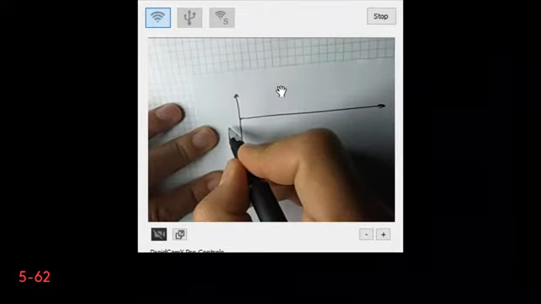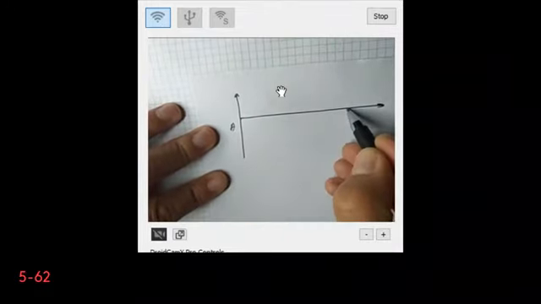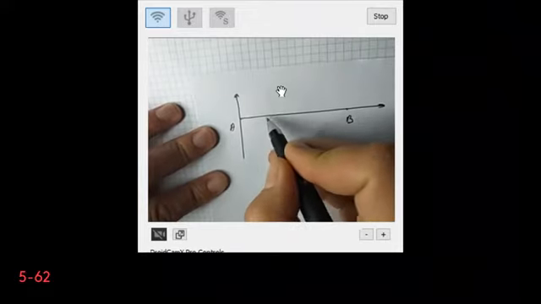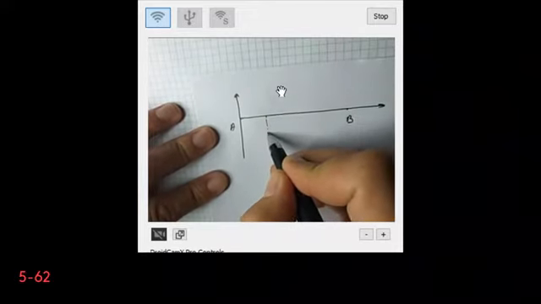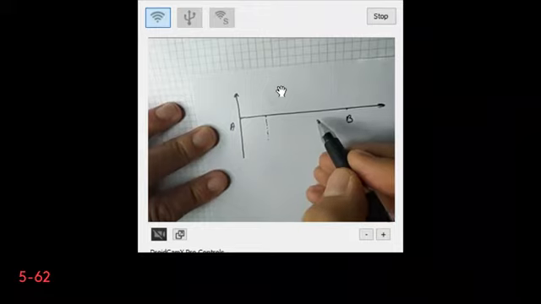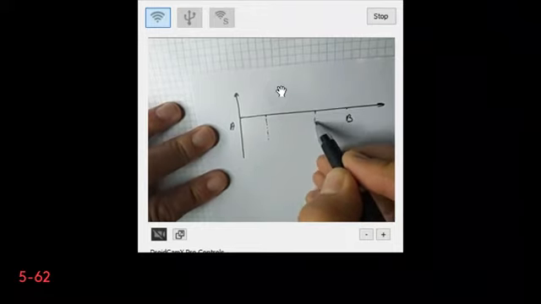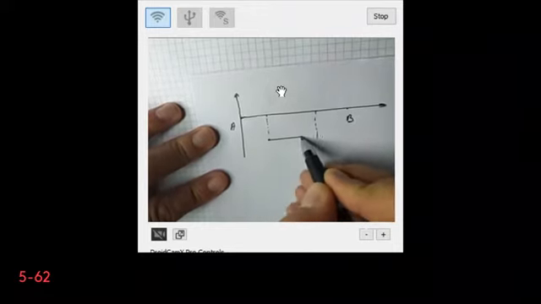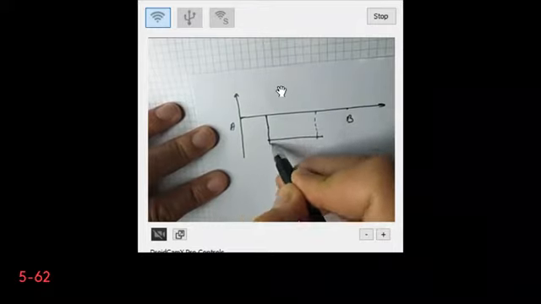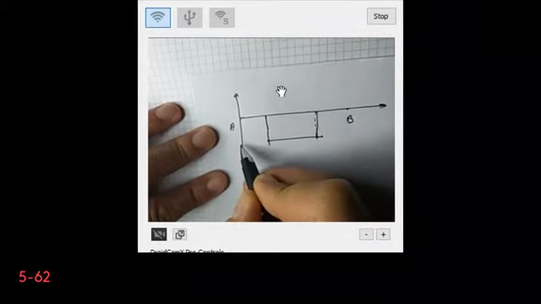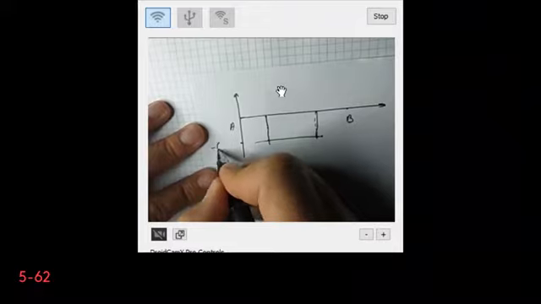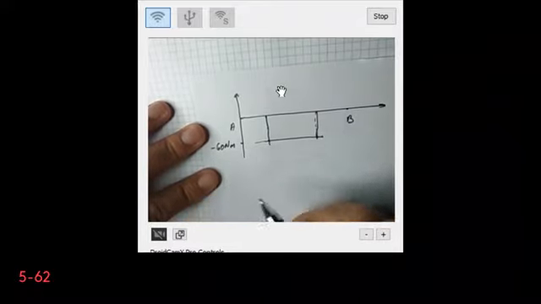This is my point A. This is my point B. This is where my torque is applied, M1, and this is where my gear is. And this is minus 60 Newton meters.